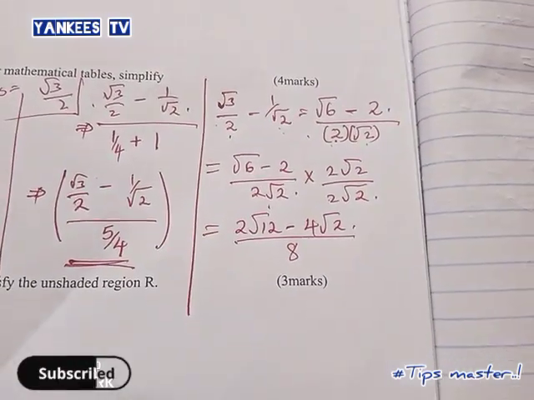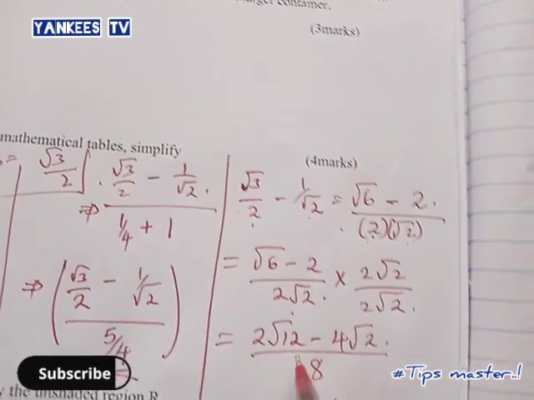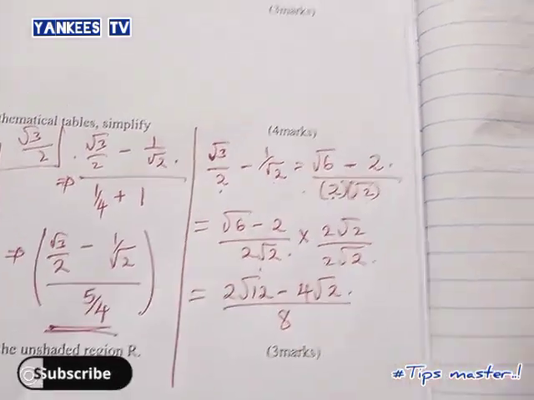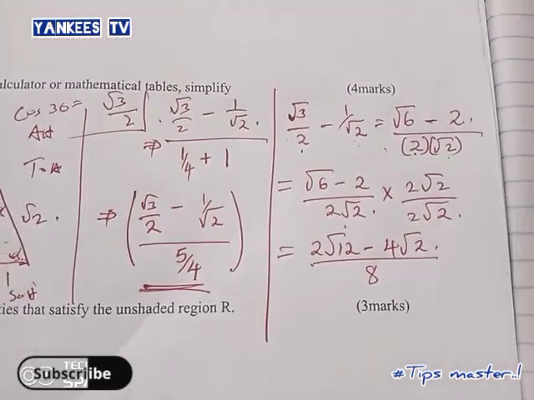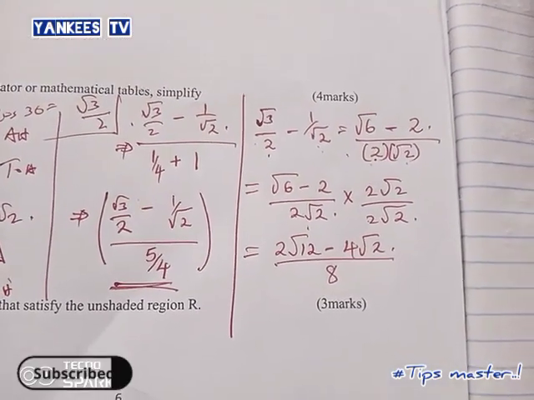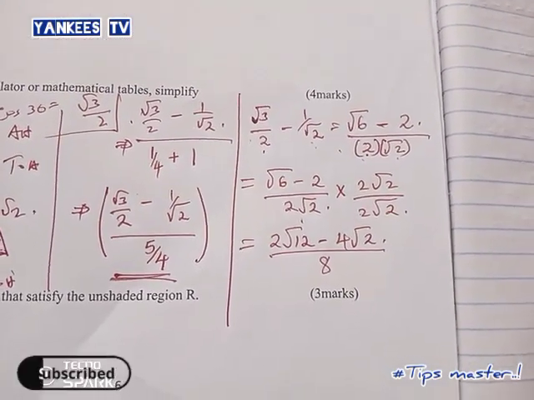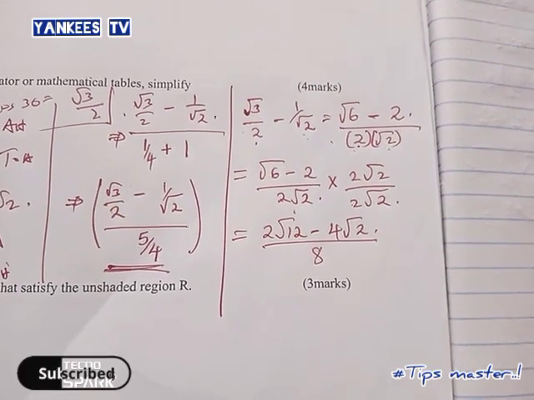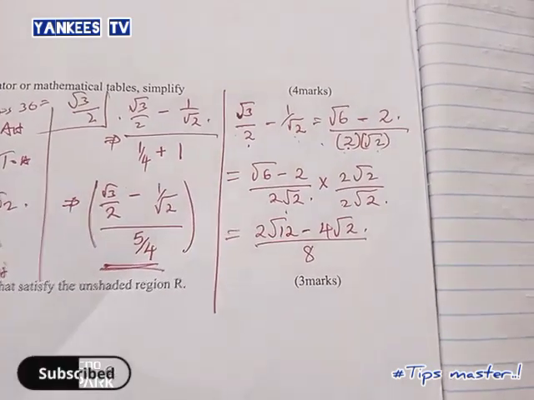So simplifying this, that is 2 root 12 minus 4 root 2 all over 8.